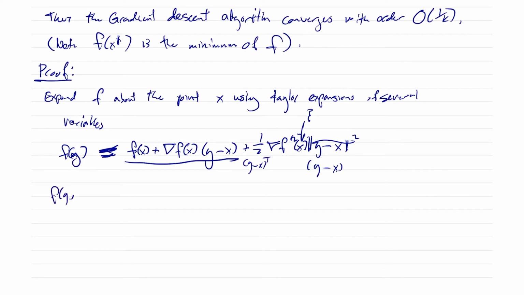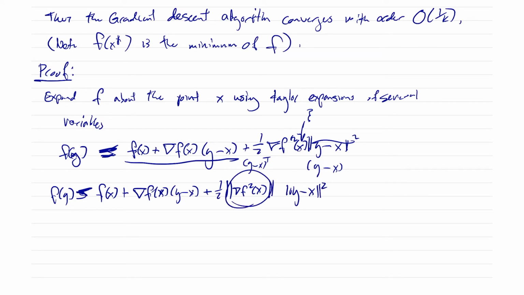So f of y is less than or equal to f of x plus the gradient of f of x times y minus x plus 1/2 of the Hessian of f, this matrix, times y minus x squared. Then this is going to be some matrix norm, which maybe you don't know what that is, but basically we know that this is going to be bounded by L.